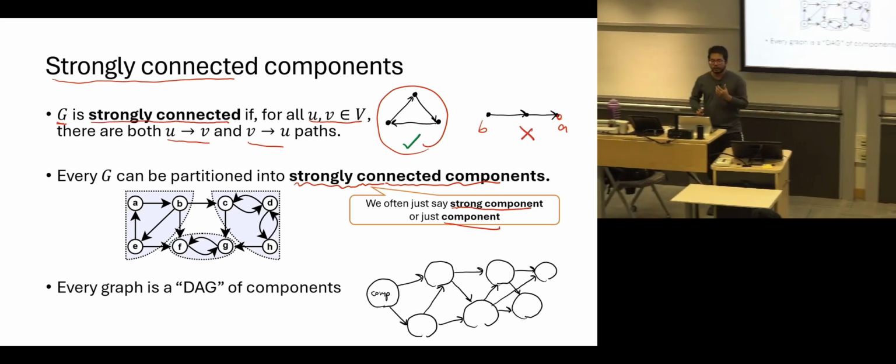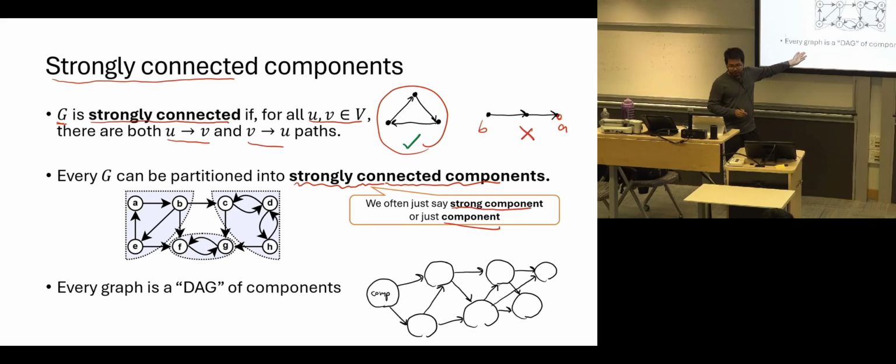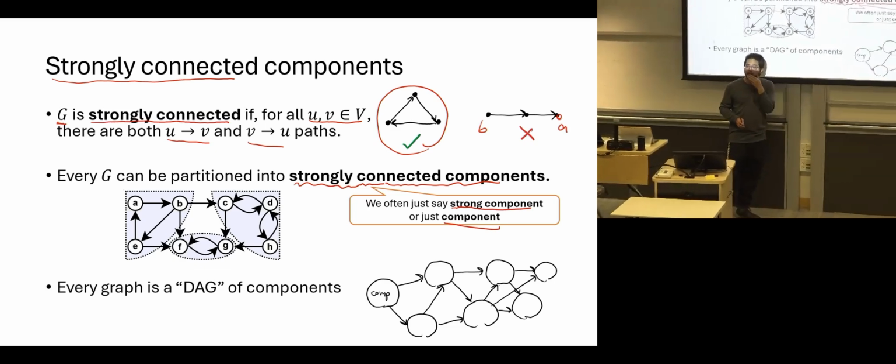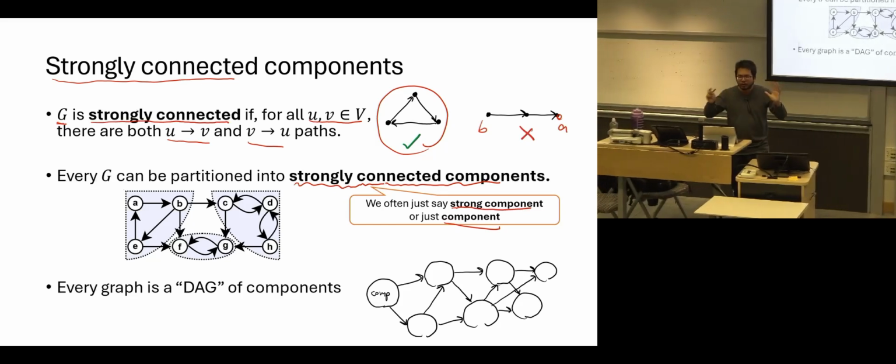And the useful way to think about any directed graph is this: you should think of every directed graph as a DAG of strongly connected components. This is the way you should imagine a directed graph.